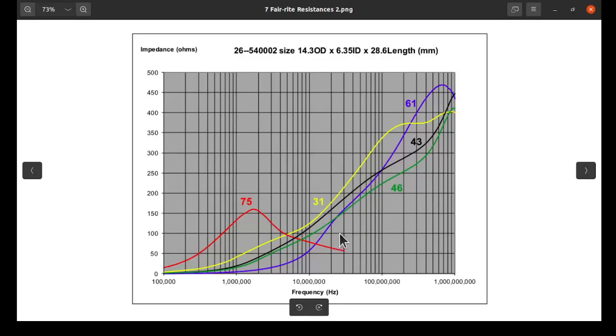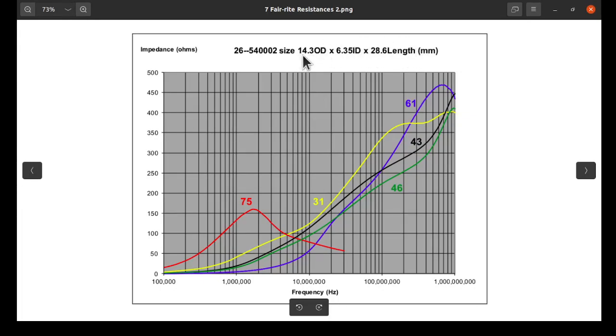And if we look at that, it's between 10 and 100 megahertz. So many of our own bands lie in this region, so these particular formulas, that's what they're called by Ferrite, formula 31, 43, 61, 46, any of these are going to present, let's say, at 20 meters, somewhere between 100 ohms and 200 ohms in this form.